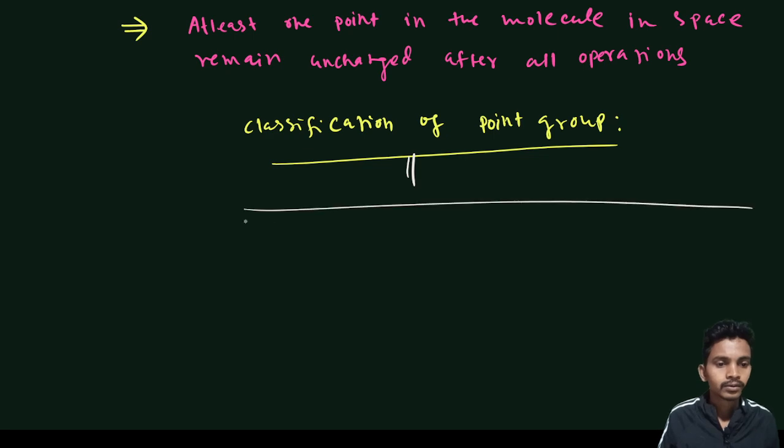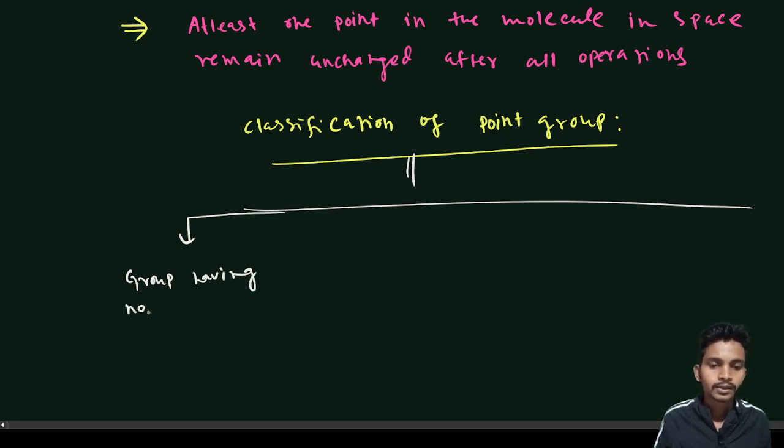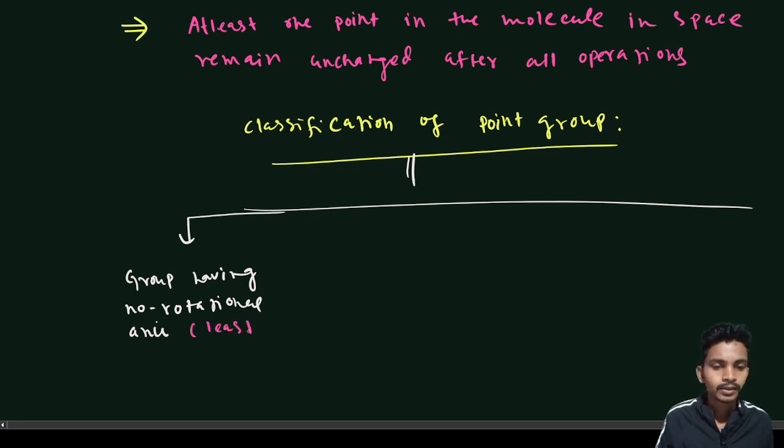into, let's say, first, a group having no rotational axis. That group we consider as the least symmetry group.